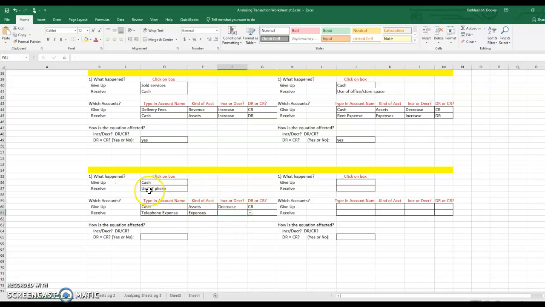Do we have more or less use of the phone than we did 5 minutes ago? Well, since we pay for it, we now have more use of the phone than we did 5 minutes ago. So I now have an increase and an expense, and that will be a debit. I have one debit and one credit. So yes, my debits equal my credits.